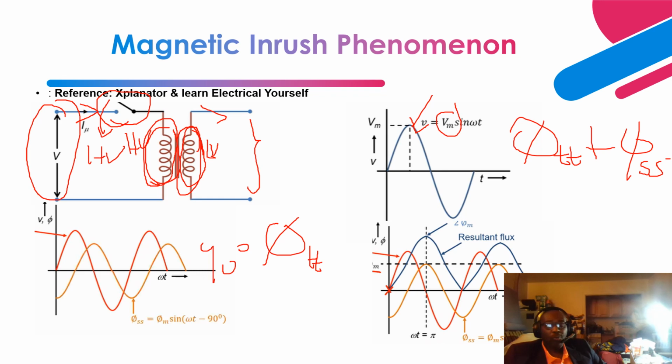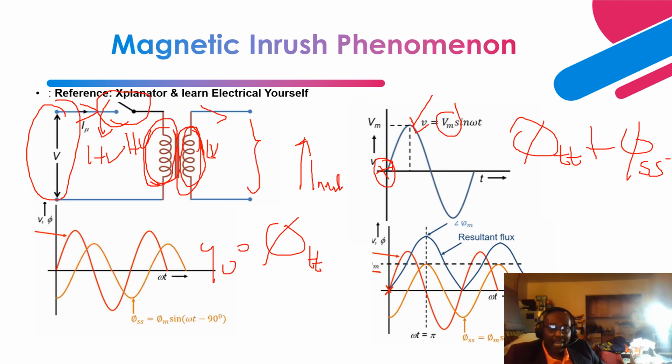Now let's talk about where we're going to have the highest peak of flux and where we're going to have the lower peak of flux. For instance, if we energize the transformer at this zero crossing of the sinusoidal wave, we're going to have a very high inrush current.